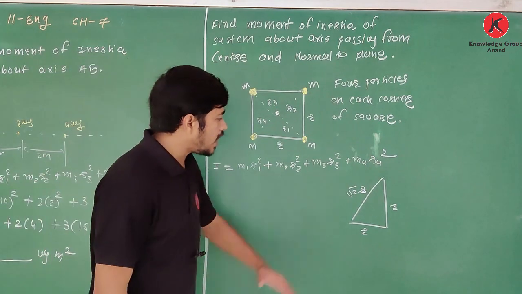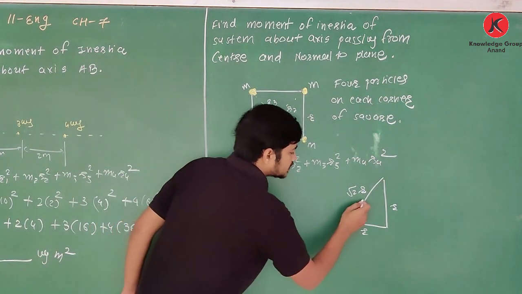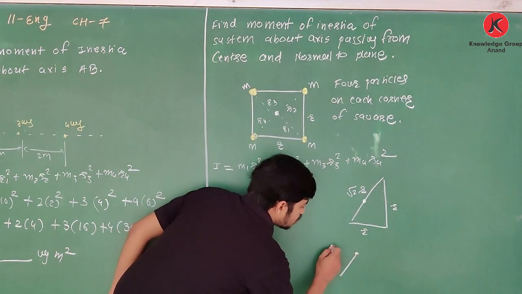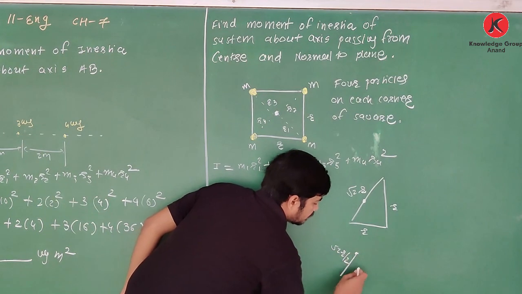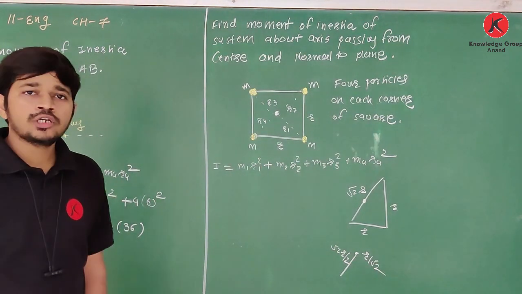And I have to find only the corner to center distance. So this distance will become root 2 R by 2, which means it is R upon root 2.